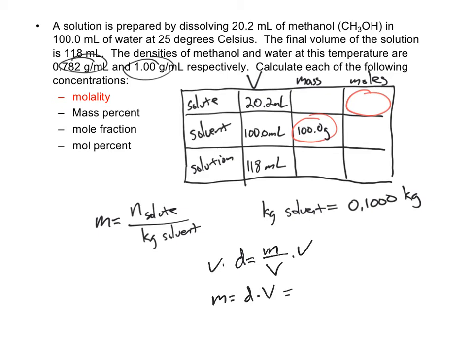And for methanol, my density is 0.782 grams per milliliter times 20.2 milliliters. Right, the milliliters cancel, and I get 15.8 grams. All right, so I'm going to put that in the table.